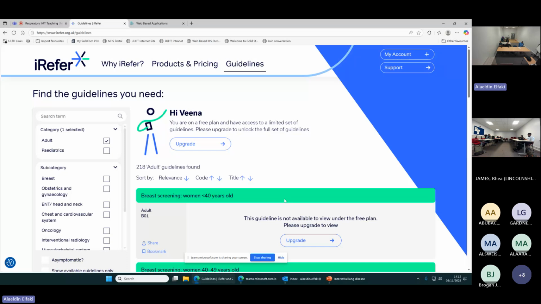So this is basically the iRefer guidelines, which are just radiology guidelines available, and not a lot of people are aware. The first part of my audit was to check whether any sort of guidelines are available to anybody, but no one was aware of anything. And this is my intervention, saying that iRefer is the basics that's available.